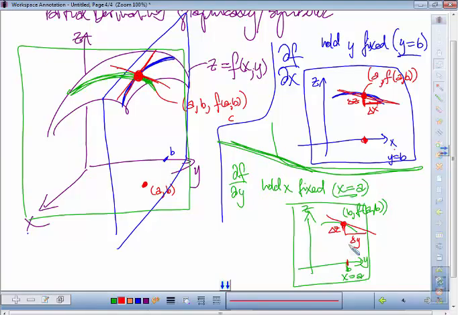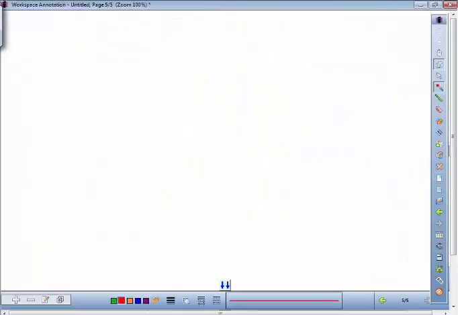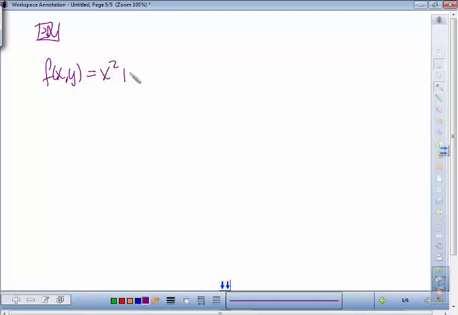All right, let's do some examples of partial derivatives. And this is the easy part. And I'll try to use different notations every now and then. So let's say you had f of xy is equal to x squared plus y squared.